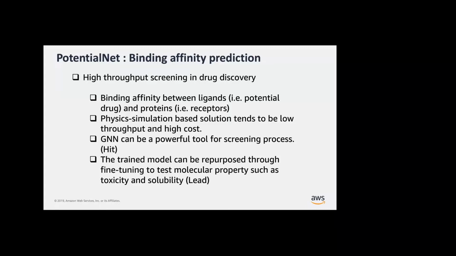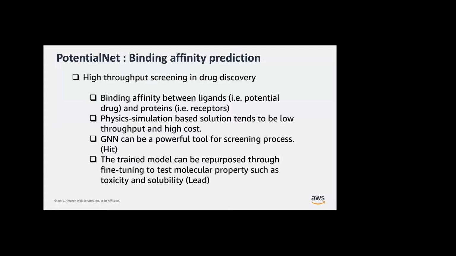There is a terminology called hit, or hit to lead. For the hit, the customer wants to narrow down candidate drugs out of millions, or around hundreds of potential candidates.